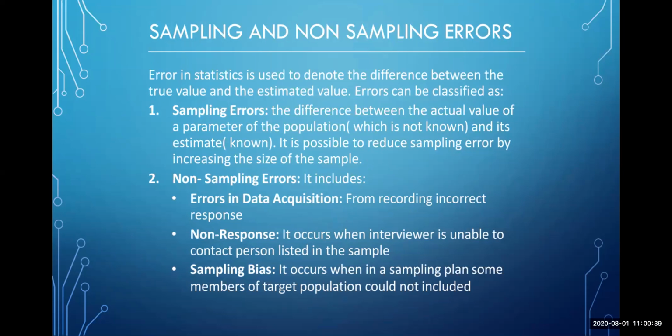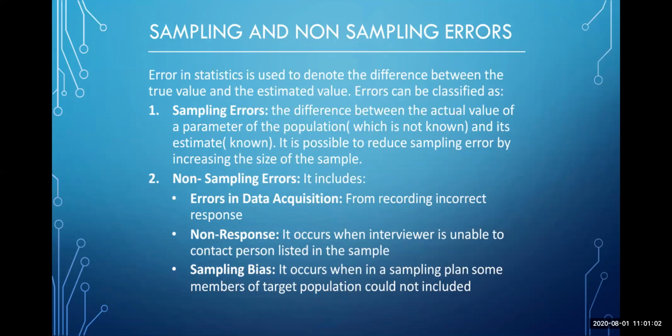Now when we talk about the errors in both the methods, there are certain errors in statistics, and there are certain disadvantages. So first let's study sampling and non-sampling error. As I said, error in statistics is used to denote the difference between the true value and the estimated value.